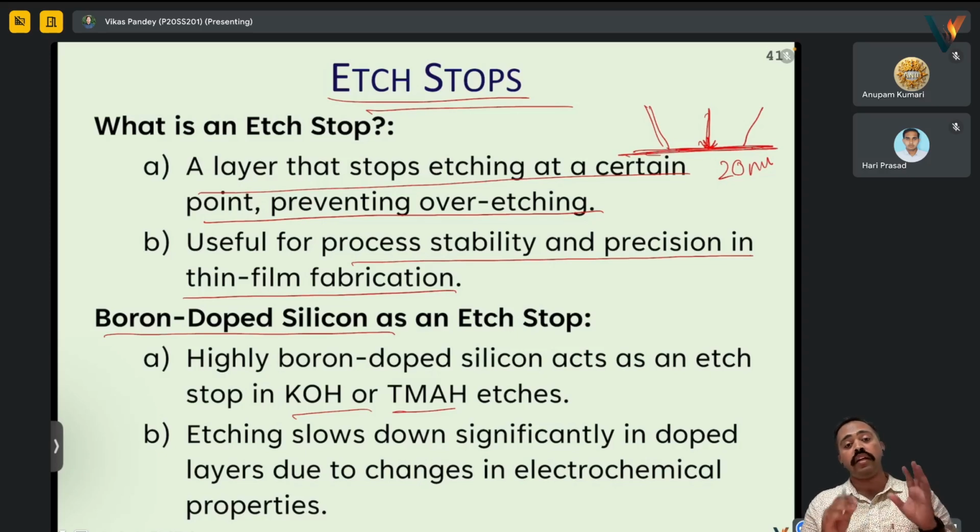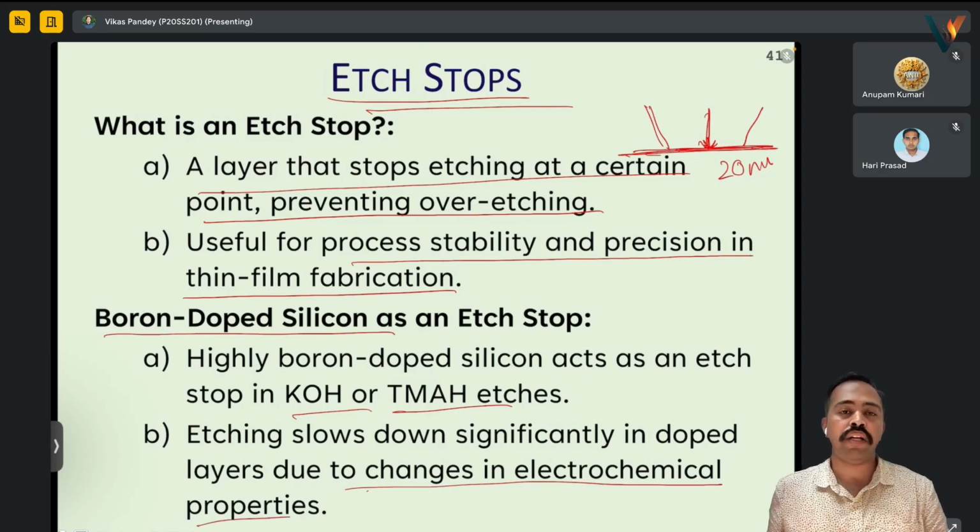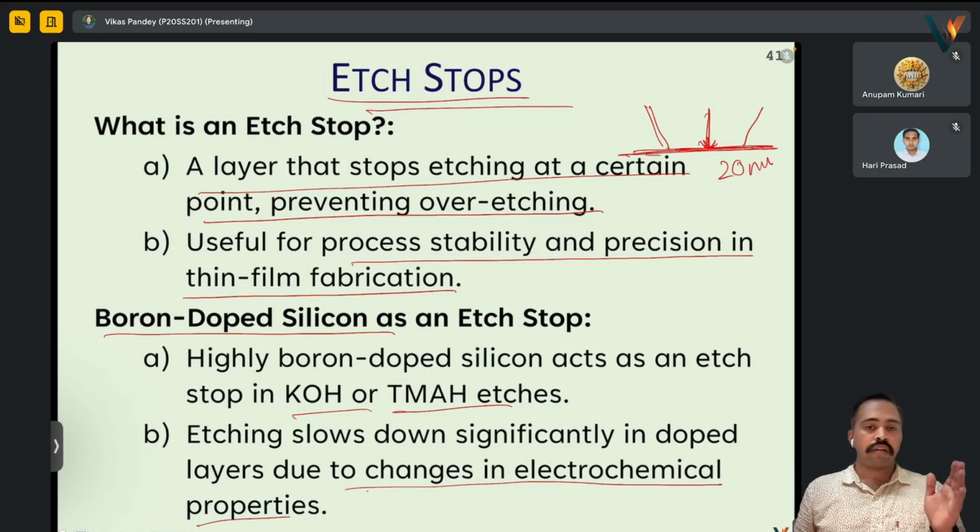So we can have a highly doped boron, a large amount of boron doped at the depth of 2 micrometer where we want to stop. So automatically at that point, the TMAH or the KOH etching will stop. And that is due to the electrochemical nature, since we know that the conductivity also plays a role in the etching process.